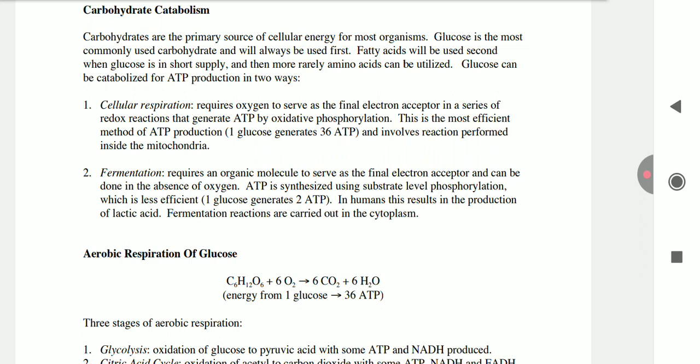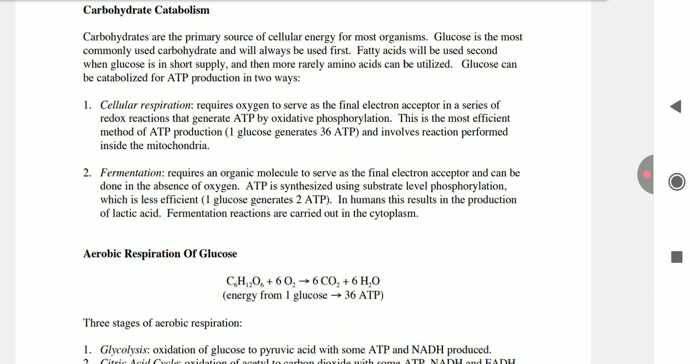First, cellular respiration requires oxygen to serve as a final electron receptor in a series of redox reactions that generate ATP by oxidative phosphorylation. This is the most efficient method of ATP production, where glucose generates 36 ATP, and involves reactions performed inside the mitochondria.